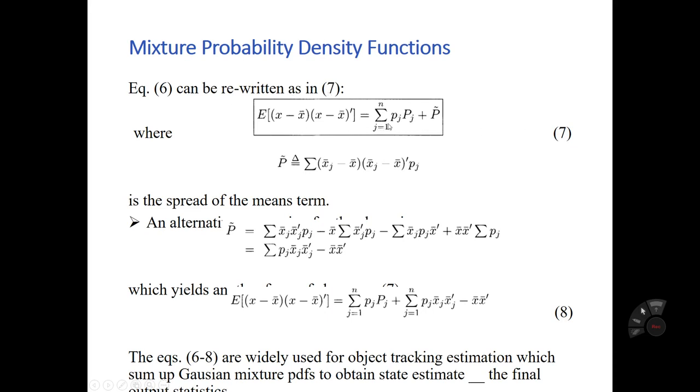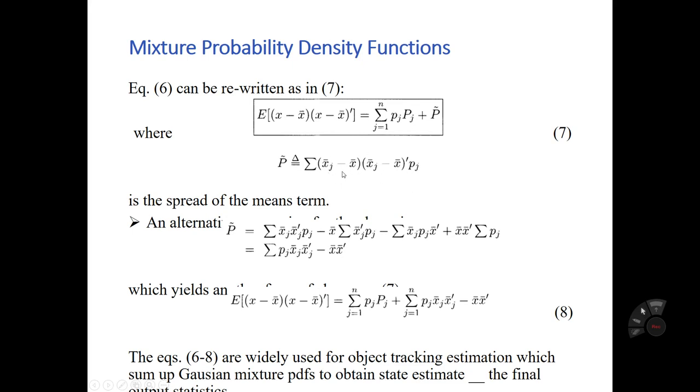This is a summation from 1 to n of Pj, the PDF of j and the probability of j, plus P tilde. Here is the estimated value of the covariance. This P tilde is the spread of the means.